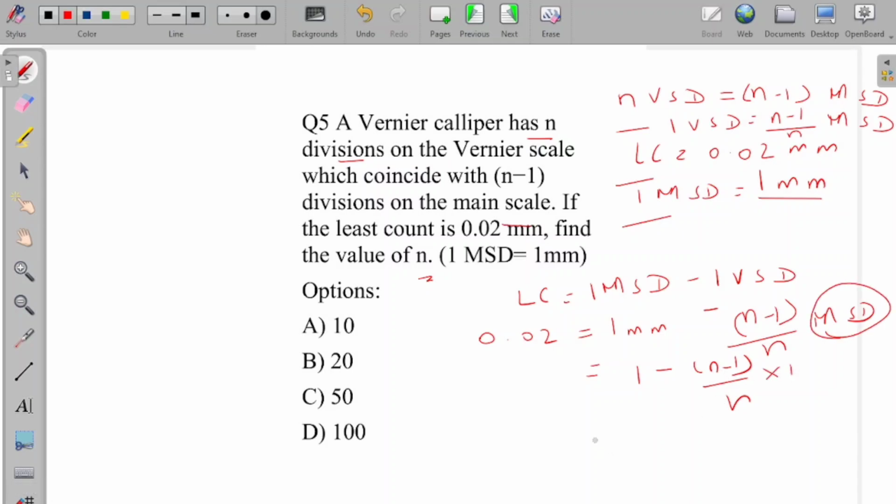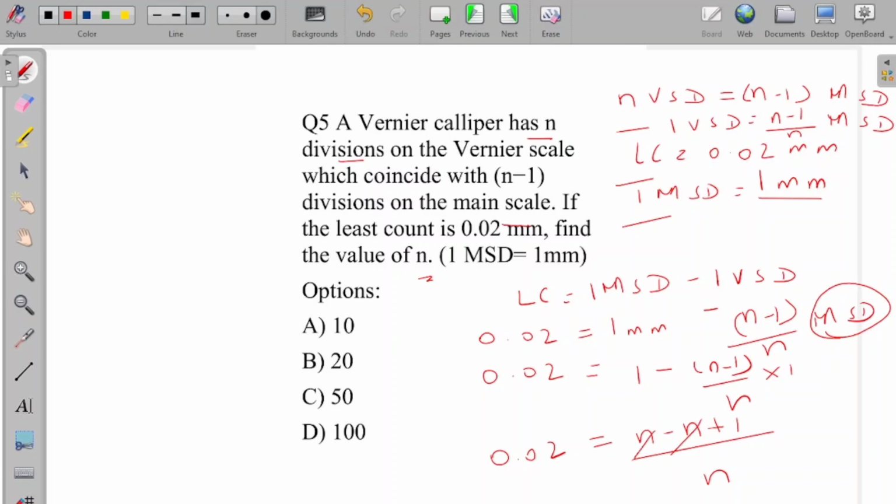Anyways, on solving it further, this is equal to 0.02. On solving it further, you will get n minus n plus 1 upon n equals 0.02.